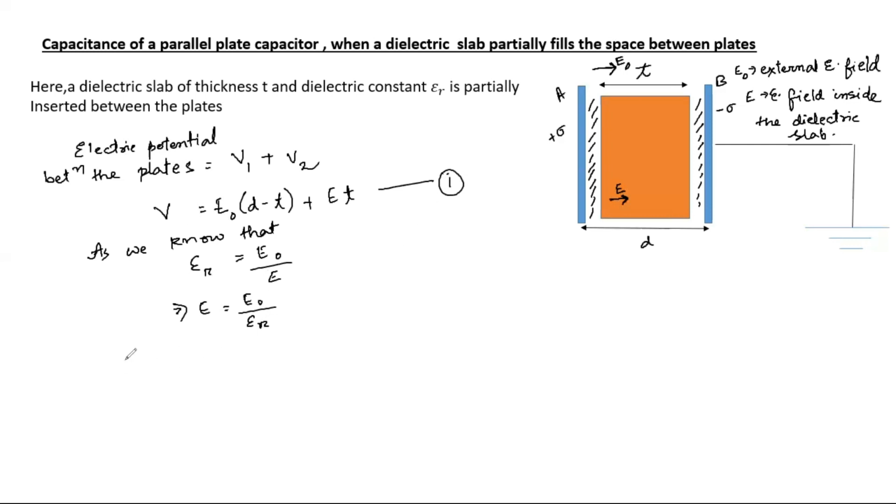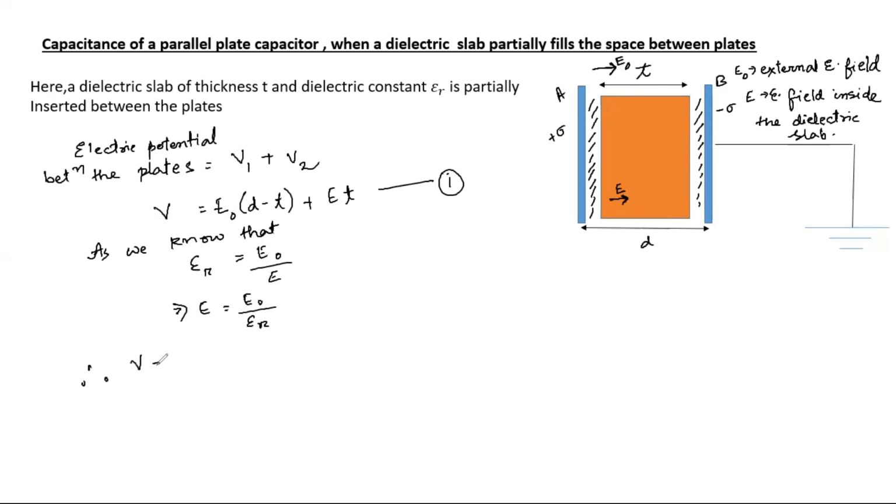Now using these equations we will be able to find our capacitance. Before deriving the capacitance value of this parallel plate capacitor, we will first express the electric potential.